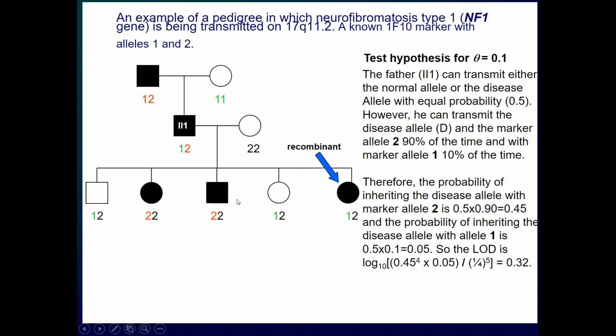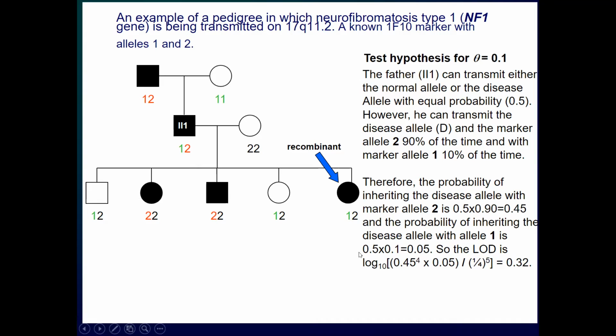The events are independent, so 0.45 times 0.45 times 0.45 and so on, in the power of 4, because we have 4 non-recombinants. And then we want to include the one recombinant that we have identified here.